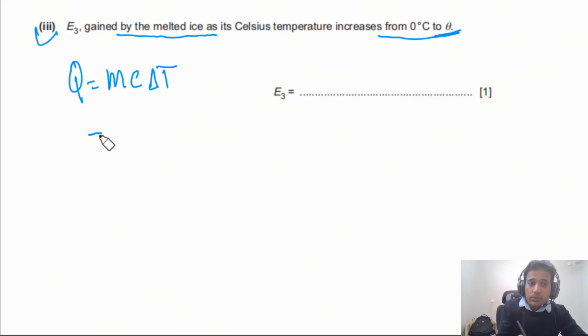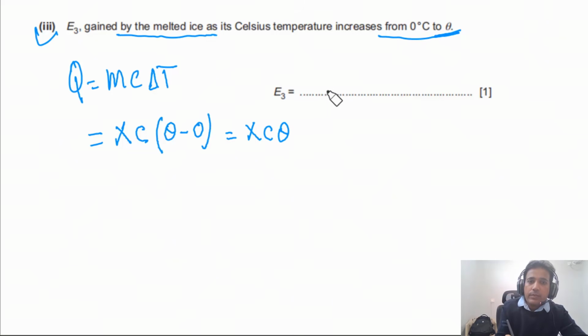So in this case we are talking about the melted ice, so the mass is X and the specific heat capacity is C, and the rise in temperature from 0 to theta, so this is theta minus 0. So simply we can say this is equal to xc times theta. So this is our final answer.